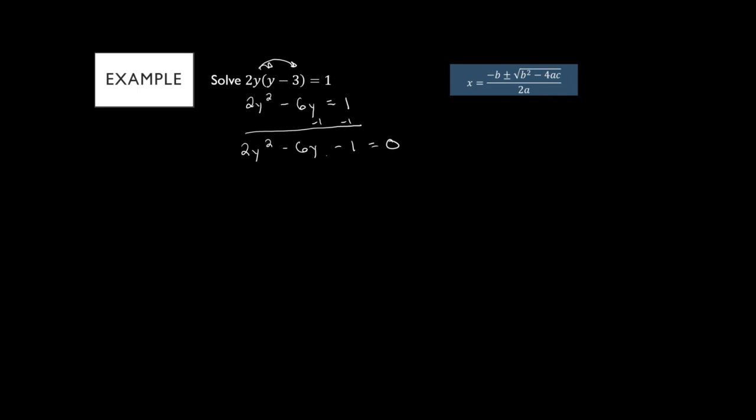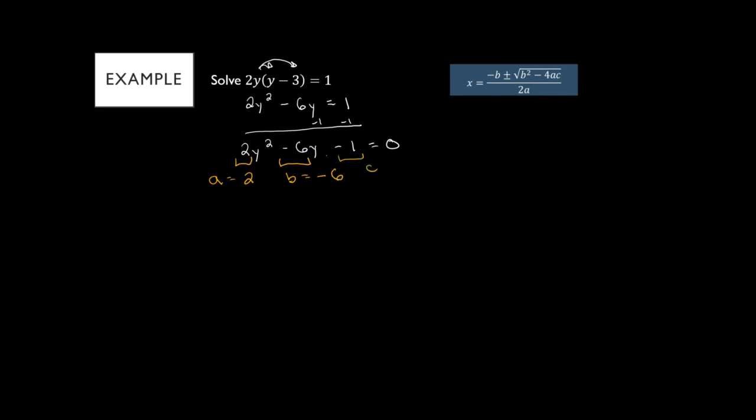And so then quadratic formula, because again, this definitely does not factor. So let's see, a is 2 again in this case, because that's the number in front of the squared. B, in this case, we now have a negative, so b is -6.